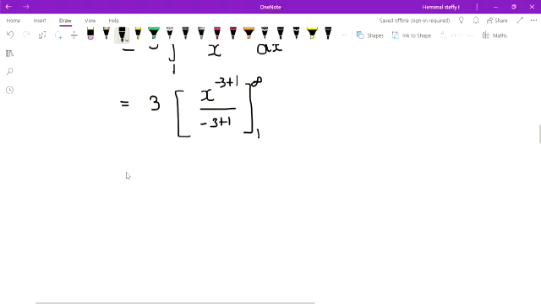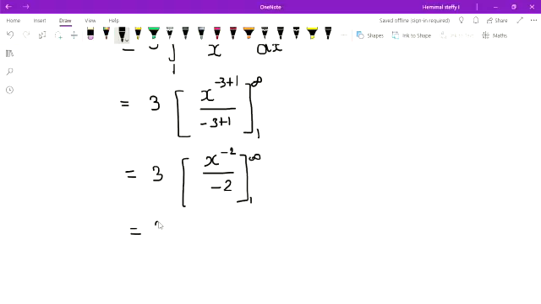Then what is the answer here? X power minus 3 plus 1 is x power minus 2, by minus 2. Next step, I bring down the minus 1 by minus 2 outside, changing to 3 by minus 2. Then I bring down the x power minus 2 below, and it changes to x power 2.